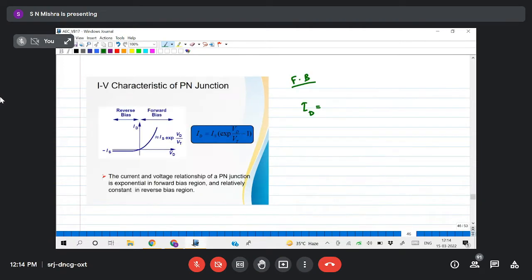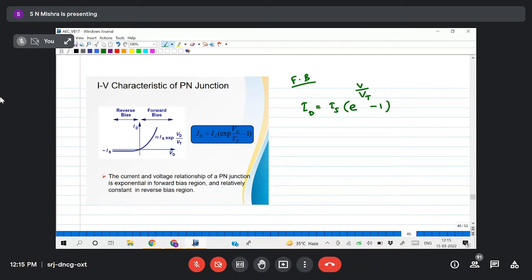That current we can describe as a diode current and it is given by ID equals IS, that is leakage current, e to the power V by Vt minus 1. Let this Vt be capital, because you have already taken small Vt.